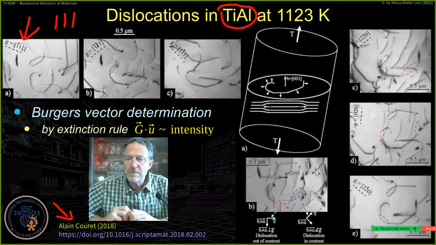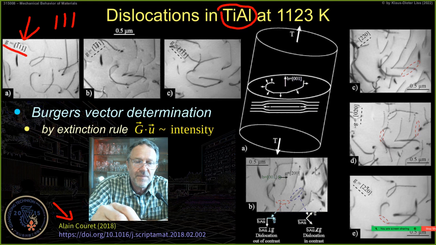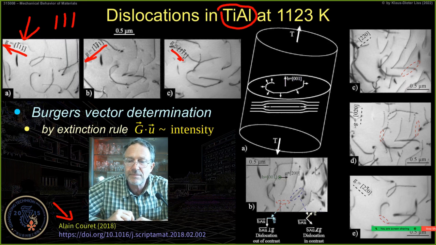Then we see that there is change of contrast depending whether the scattering vector is in this direction or in this direction or even in that direction. That means if we look at contributions perpendicular to the scattering vectors, we would not see them.